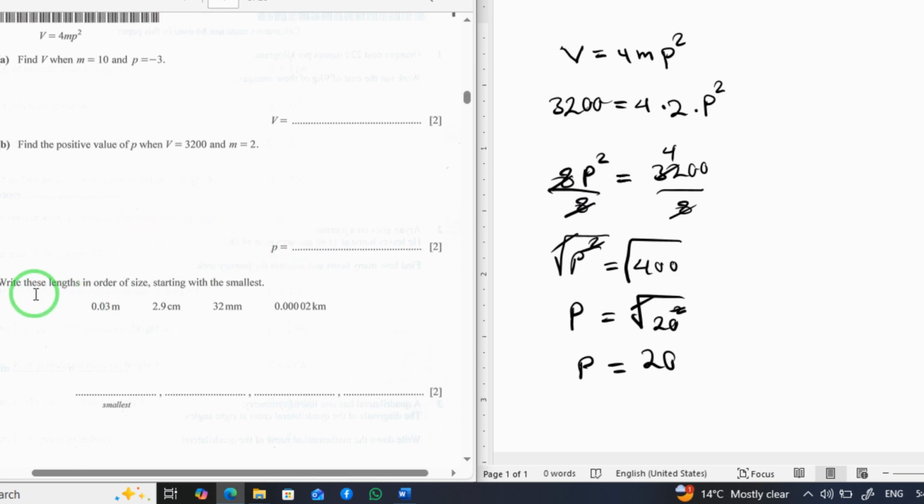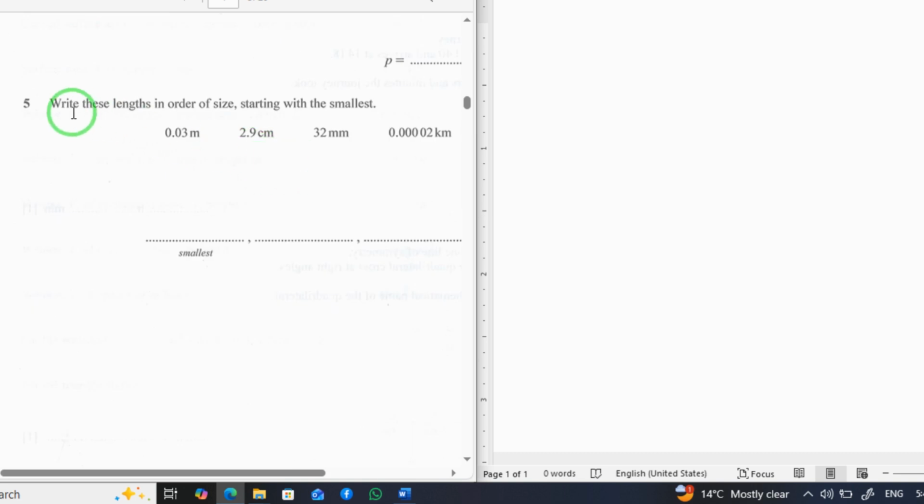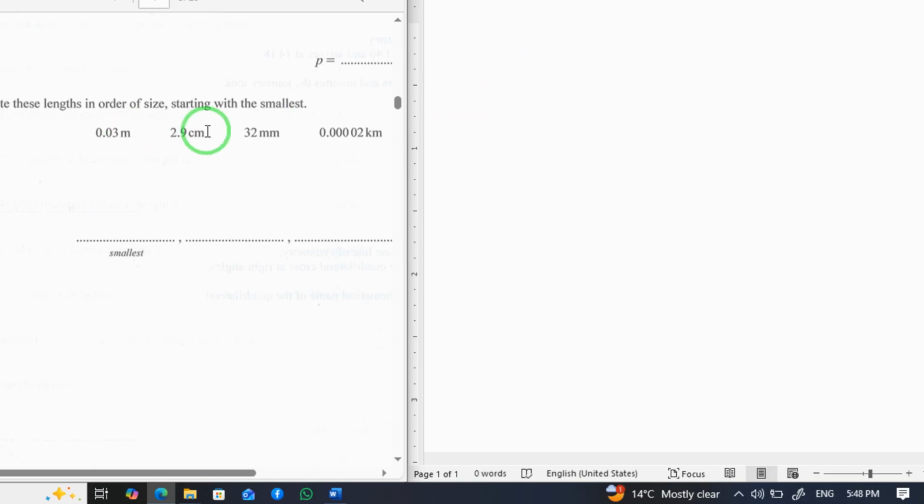Next we should solve question number 5. Question 5 here is to write the lengths in order of size, starting with the smallest. From smallest to largest, we should arrange or order. First we convert or change all of them to the same unit, meters. The lengths are in meters, centimeters, millimeters, and kilometers.